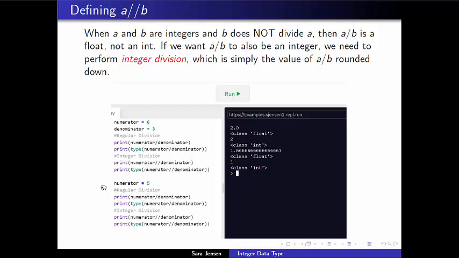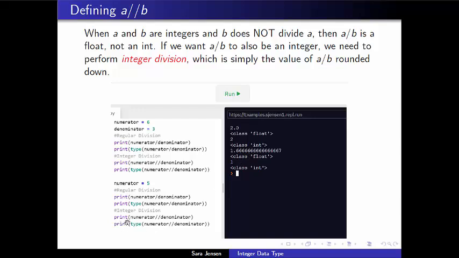The next example reassigns a value of 5 to the numerator so that the division is no longer an even division. And you'll see that when I here do numerator divided by denominator, it tells me a floating point value, which is what I would expect it to do because 5 is not evenly divisible by 3. However, it's when I do this integer division, you'll notice that this 0.66666 has been entirely truncated.